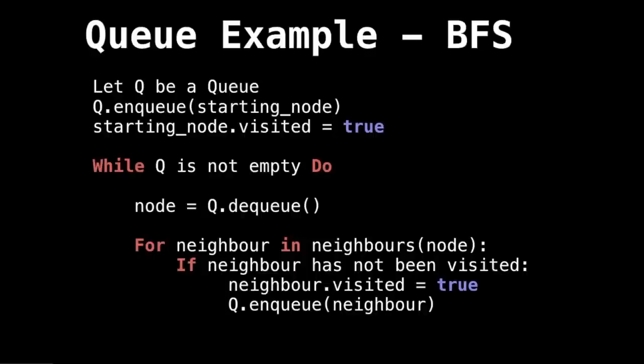So now we have a way of processing all the nodes in our graph in a breadth first search order. Really, really useful. A very, very popular graph traversal algorithm.